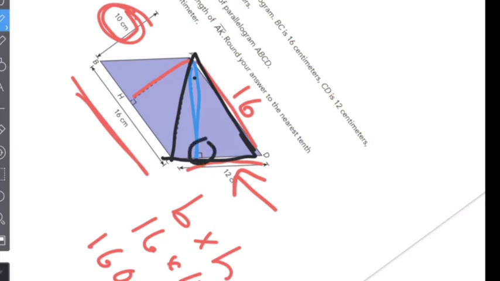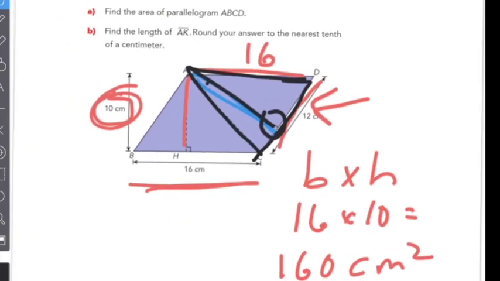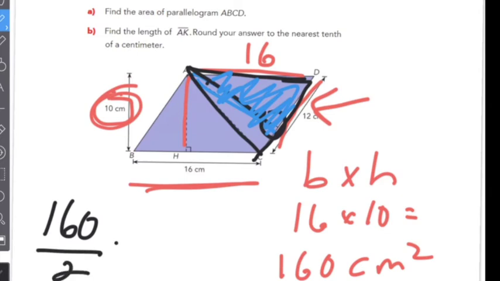I just don't know what the height is. However, I do know something else, and that is that this triangle here is going to be half of the parallelogram. So the parallelogram is 160 centimeters squared. So ACD, half of that, if I divide by 2, is going to be 80. So the area for this triangle is 80.